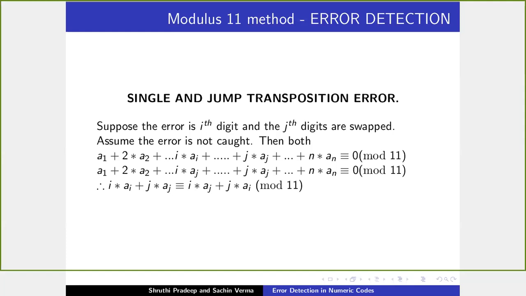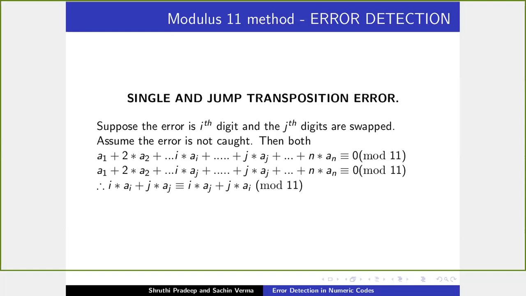If you notice in the left hand side of both the congruences, everything else except for these two is the same. So you can cancel it, and what you get is i times ai from the first congruence and j times aj from the first congruence.